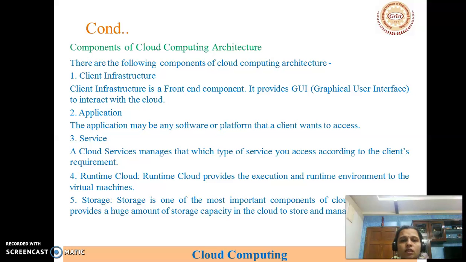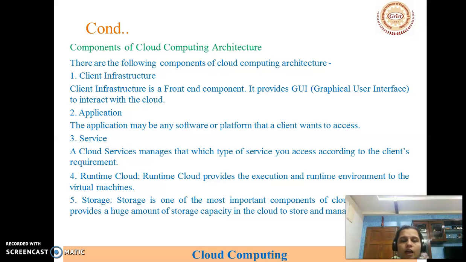Now we will see the different types of components which are available in the cloud computing architecture. In the diagram we saw that the back end contains some of the components, and the front end also contains some of the components, right? So now combinedly we are seeing what the different types of components available in the cloud computing architecture are. First one is the client infrastructure which is available at the front end. It will be available at the client side.